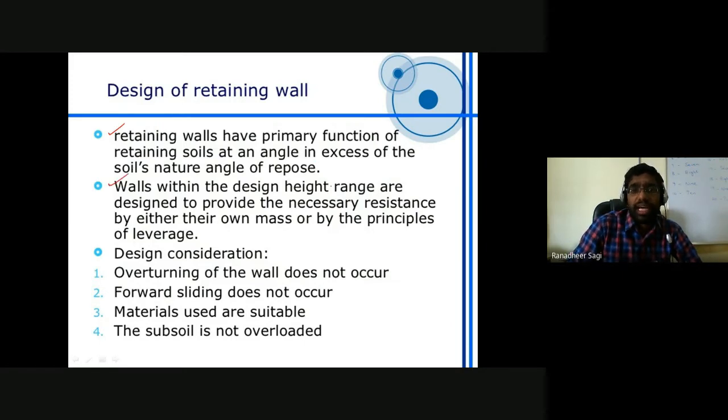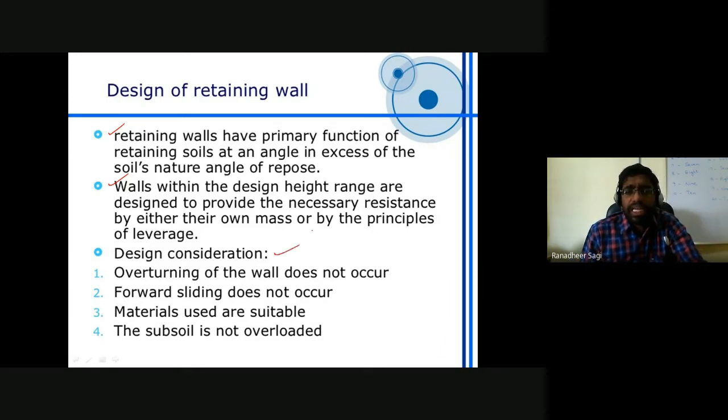Walls within the design height range are designed to provide necessary resistance, either by their own mass or by the principles of leverage. Okay, so whenever you are trying to design your retaining structure, we try to design it in a way that it is going to be stable because of its own weight, or by any other factors by which you are trying to restrain the rotation or displacements in that retaining wall.